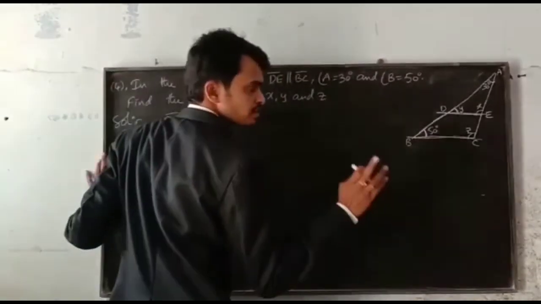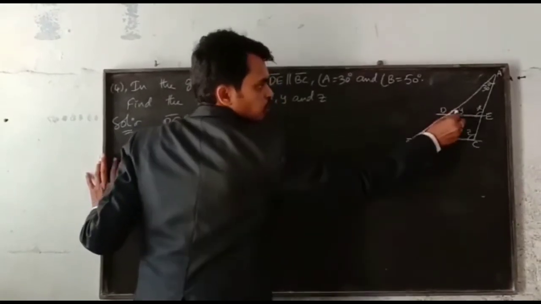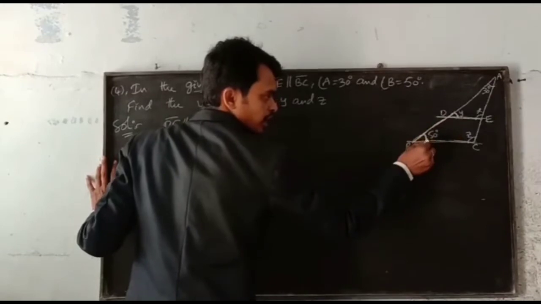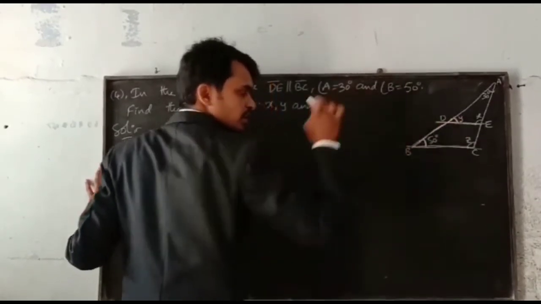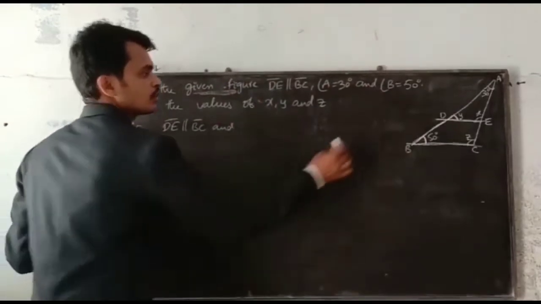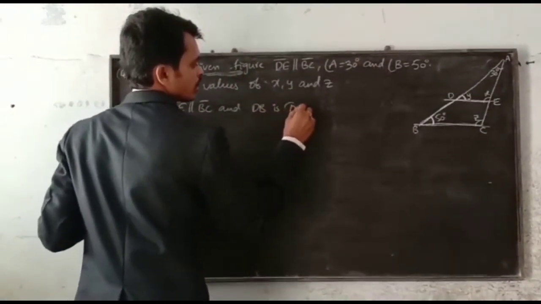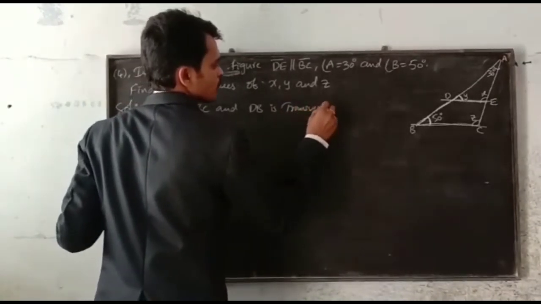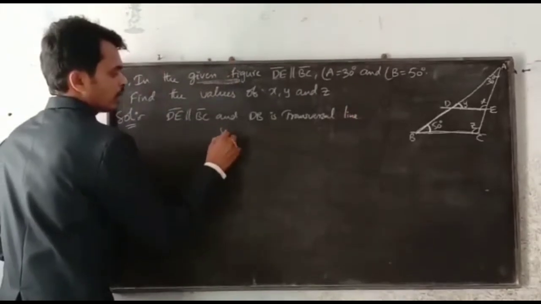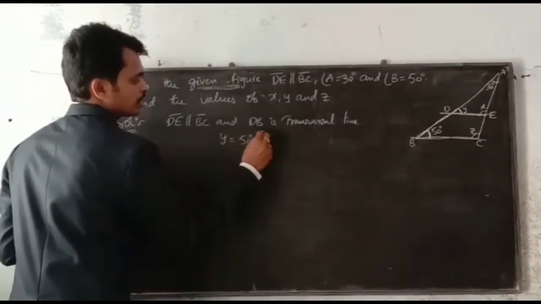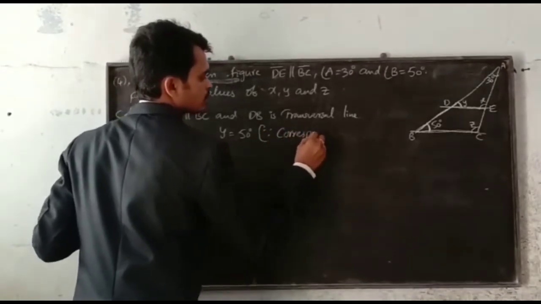The corresponding angles are on the same side of the transversal line, one exterior and one interior, and they should not be adjacent angles; then they are said to be corresponding angles. So here DB is the transversal line. Then y is equal to 50 degrees since corresponding angles are equal.